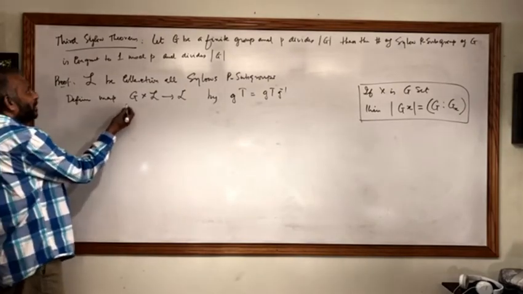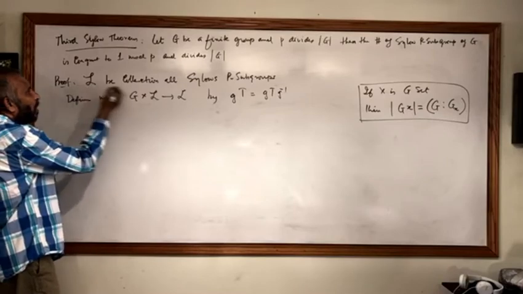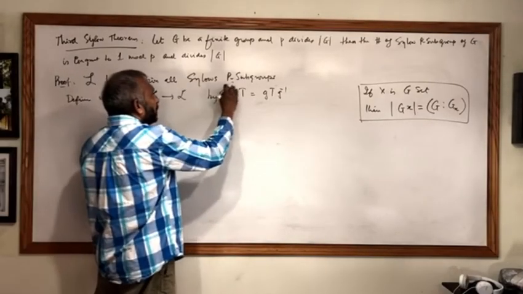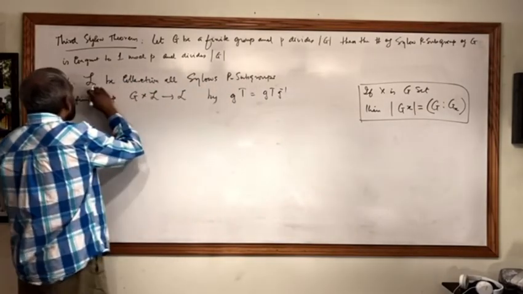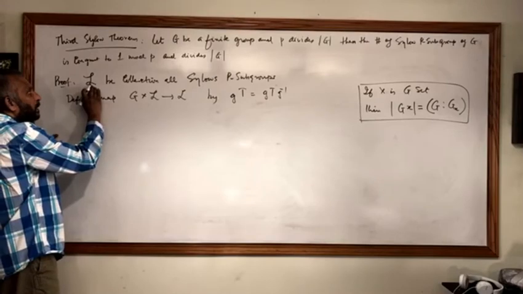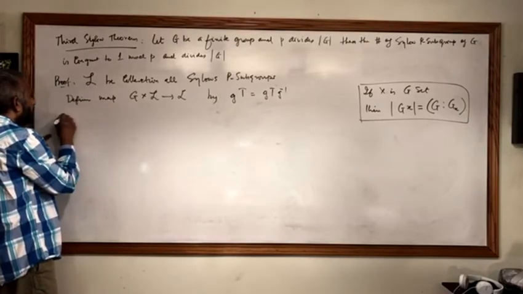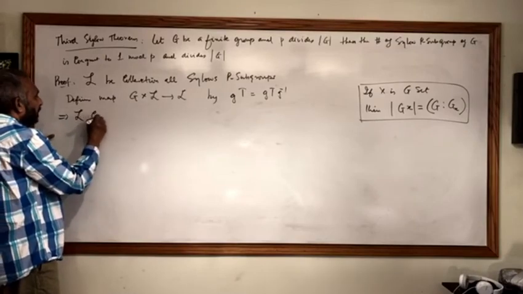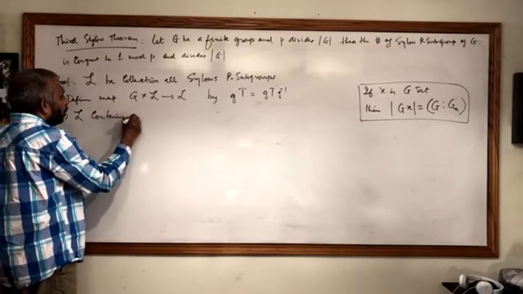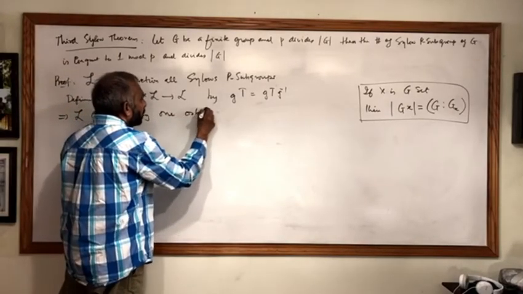What does this mean? L contains all Sylow's P subgroups, so if you take any two elements, they are conjugate. That means L contains only one orbit.